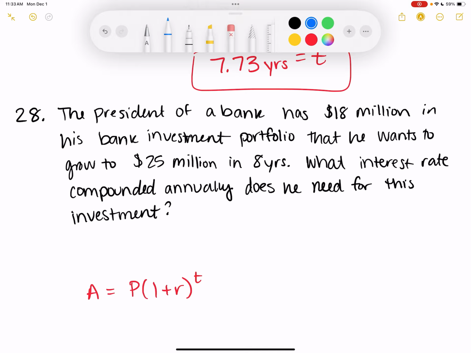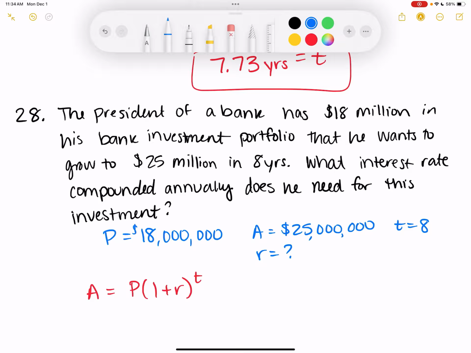The principal amount that I'm starting with is $18 million. I want to grow it to 25 million, so that's A. T equals 8, and I'm trying to solve for R.